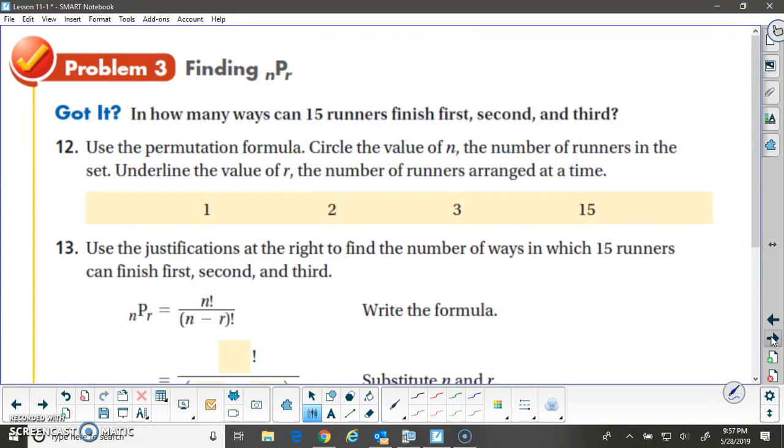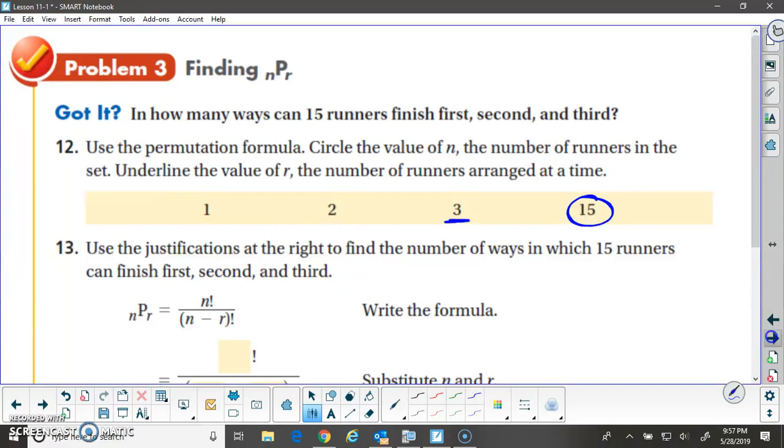Okay, problem 3. It says, how many ways can 15 runners finish first, second, and third? So use the permutation formula and circle the value of n and underline the value for r. Since we have 15 runners, this is your n, and since we're going to give out first, second, and third place, that's going to be your r.